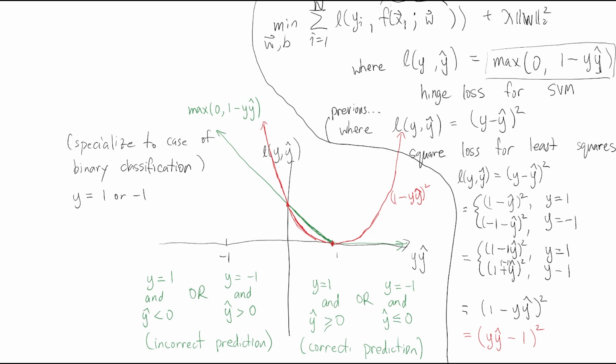Because if you penalize predictions that are either too correct or too incorrect, your model would be sensitive to outliers, right? You could have one outlier that is extremely incorrect. You might get a y hat value that is extremely large or extremely small that would actually affect your model a lot.